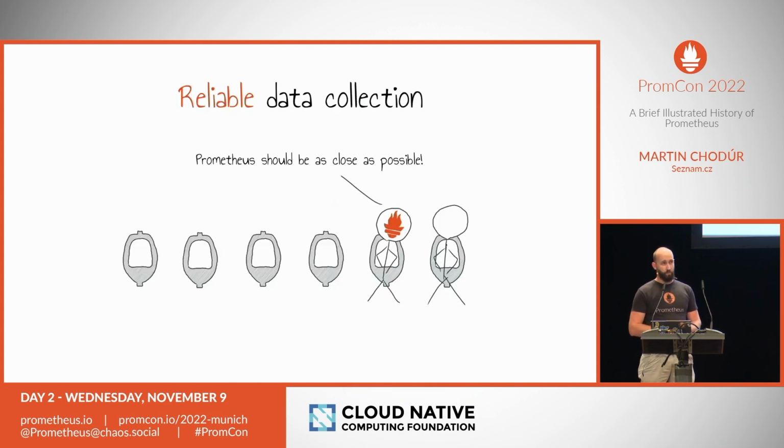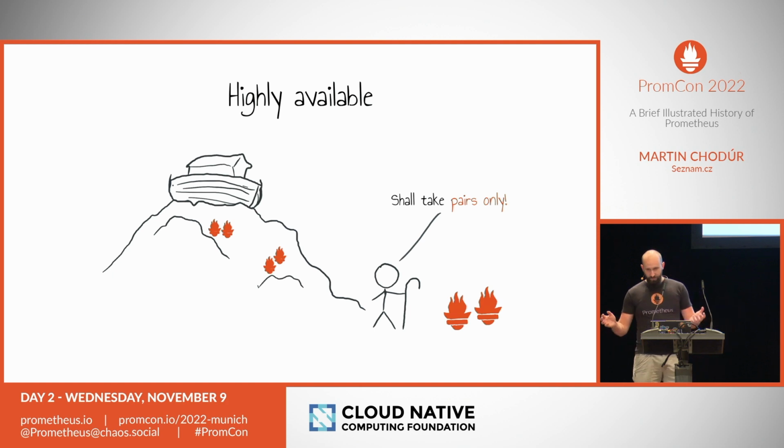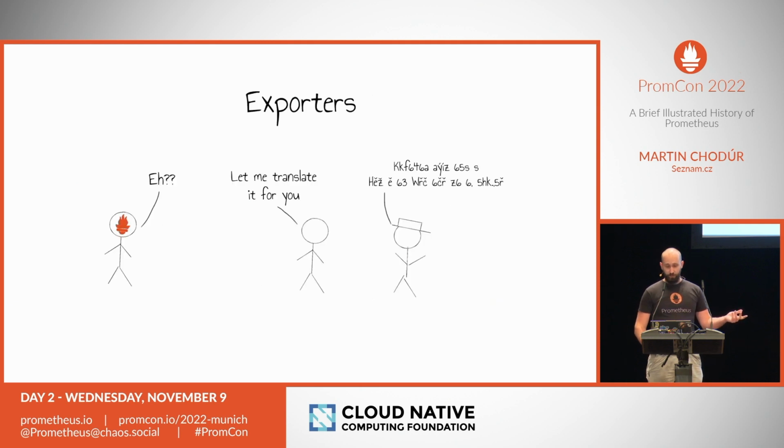Also, it came with some best practices on how to deploy it. You should deploy it as close to your applications as possible, so the data collection is reliable. We already heard about the highly available setup: two Prometheus instances next to each other, so you always deploy two of those.